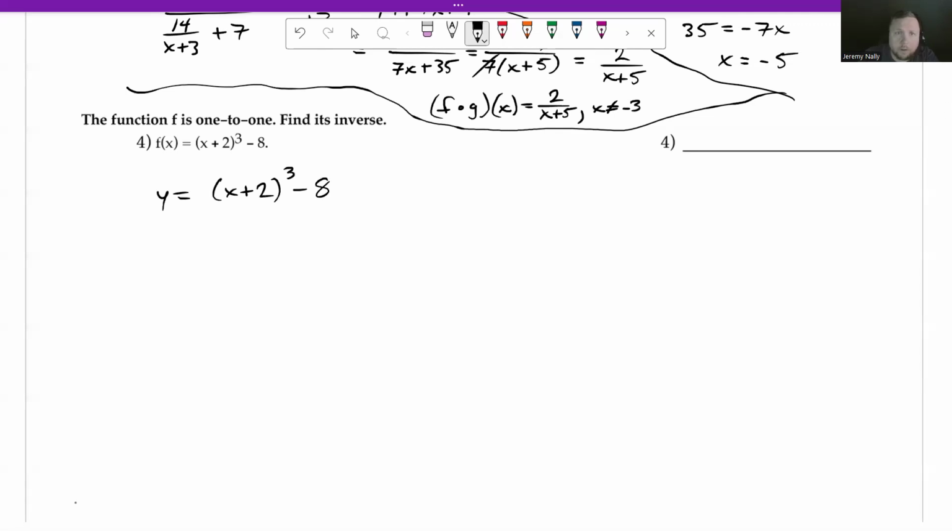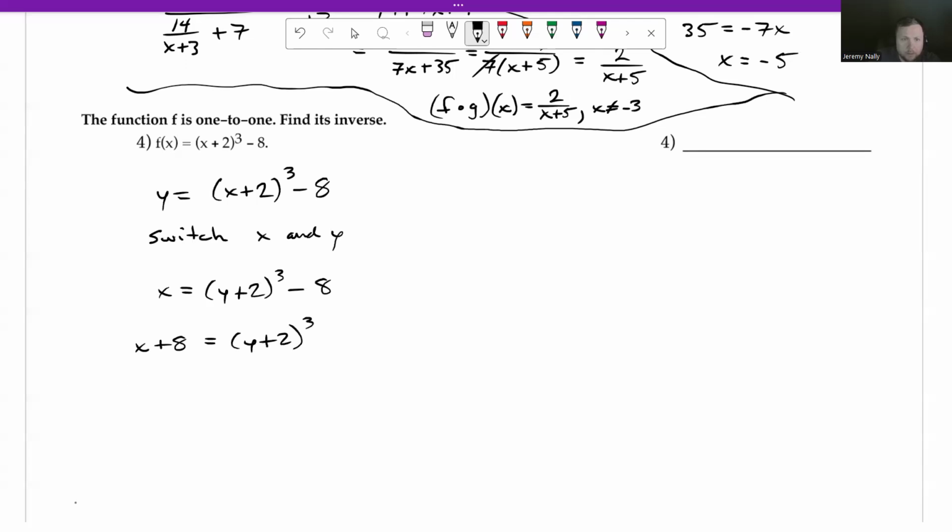So writing this in terms of x and y, I have this, and then we switch x and y. So then I have x equals (y plus 2) cubed minus 8. And then we're going to add 8 to both sides. We're going to take the cube root of both sides.